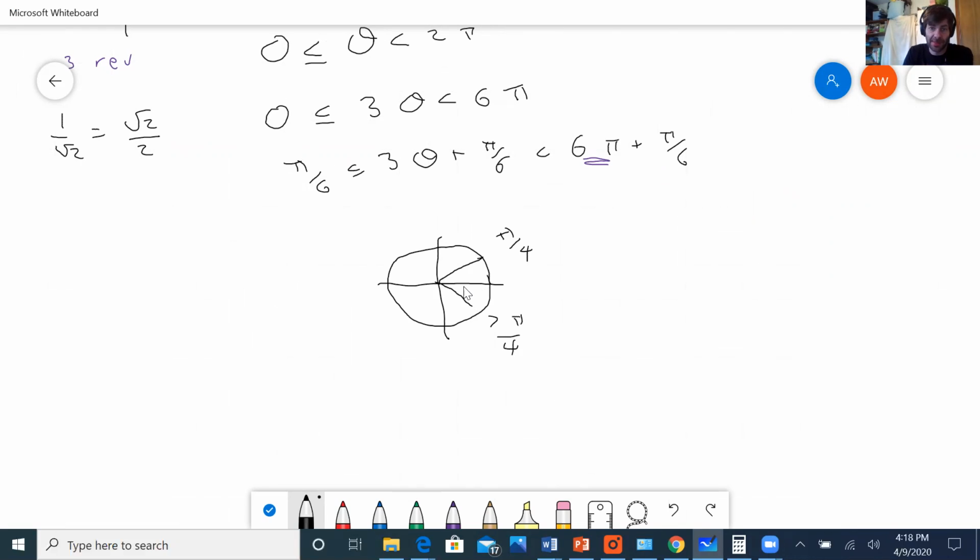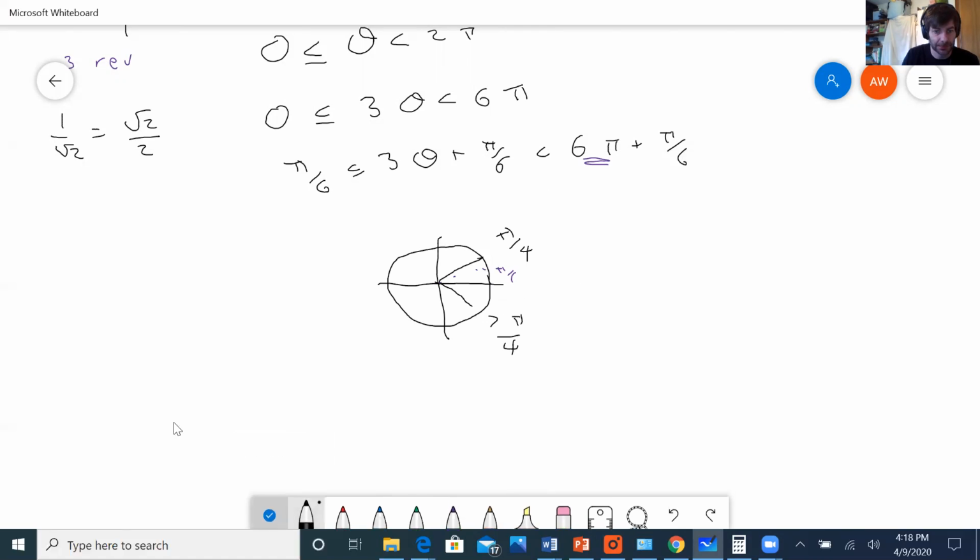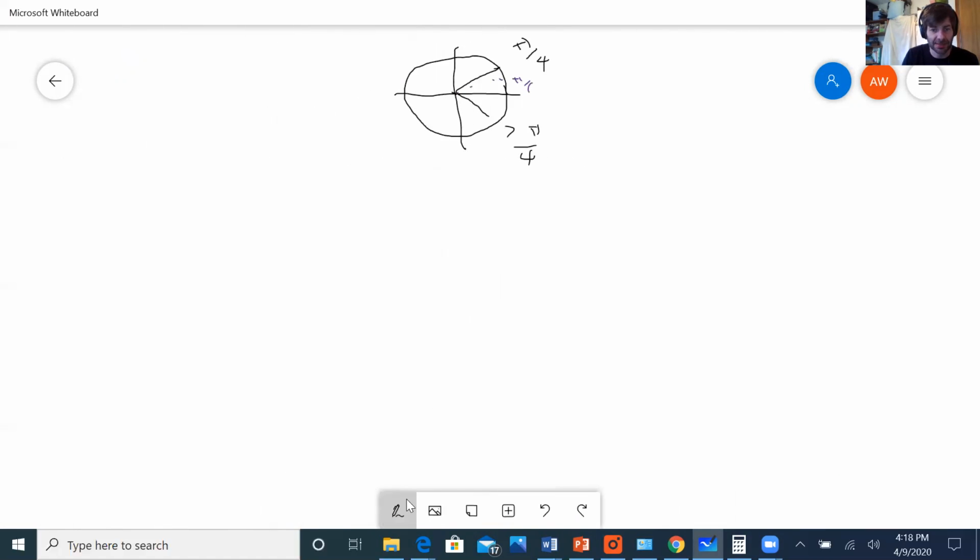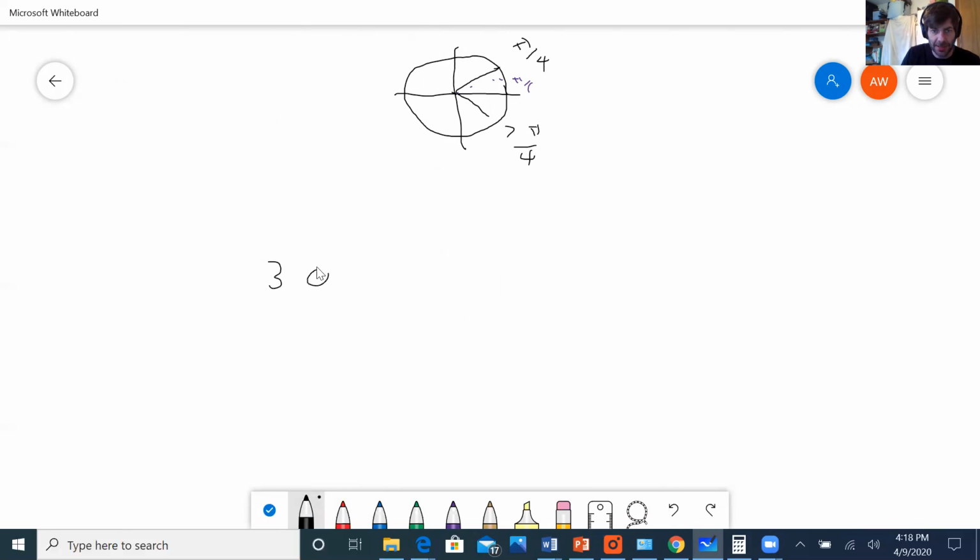Pi over 4 is more than pi over 6, so I won't care about the plus 2 pi over 6 thing. I'm just going to get this one and 3 revolutions thereof. So 3 theta plus pi over 6 is going to equal pi over 4 or 7 pi over 4.